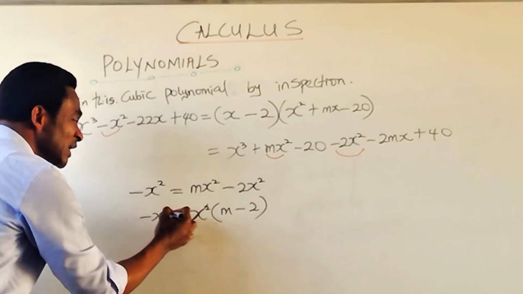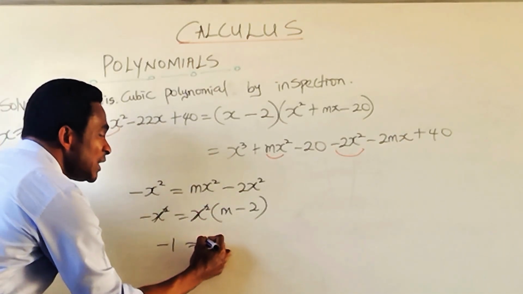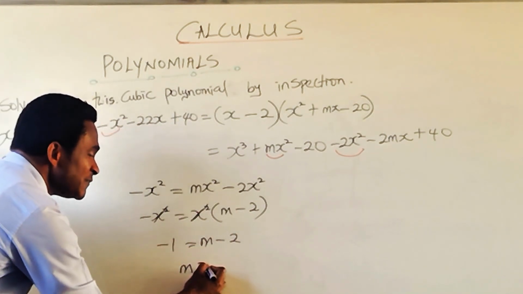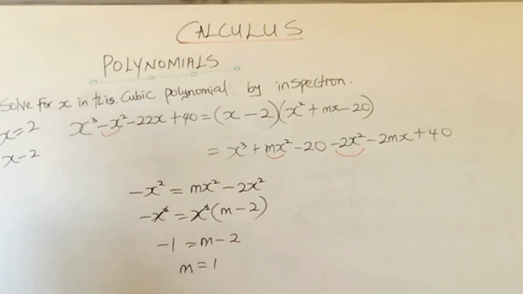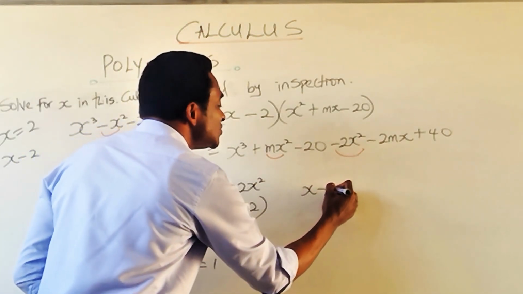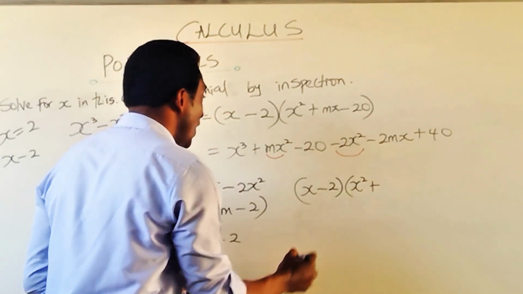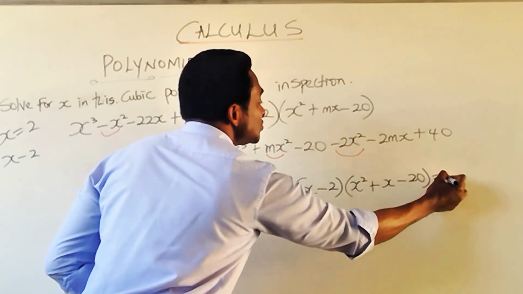So we cancel out x squared, we have negative 1 left here, equal to m minus 2. So it means that my m will be negative 1 plus 2, which is 1. That has given me the parabolic function because I now know the value of my m. So I have x minus 2 and x squared plus 1x minus 20 equals 0.